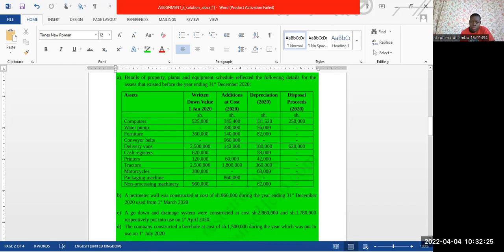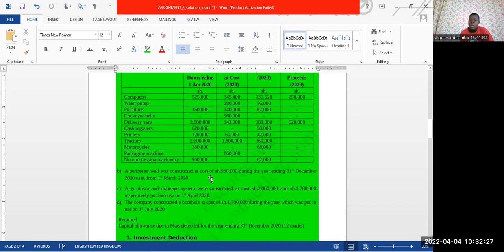We are being told a perimeter wall was constructed at a cost of 960,000.